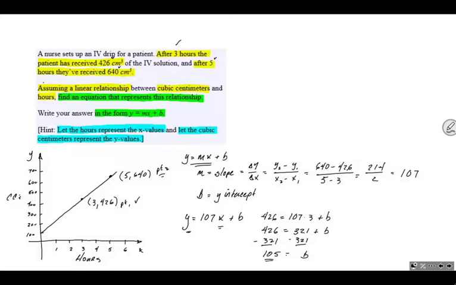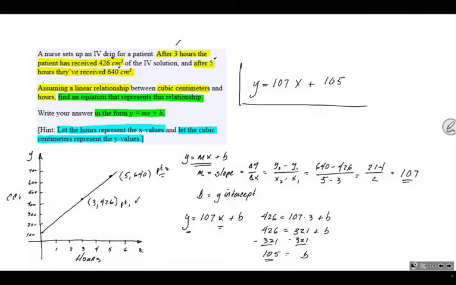So now we have our b value, our y-intercept value, we have our slope. So our last step is to put it all together and indicate that this line can be represented by the equation y equals our slope 107 times x plus our y-intercept, our b value of 105.